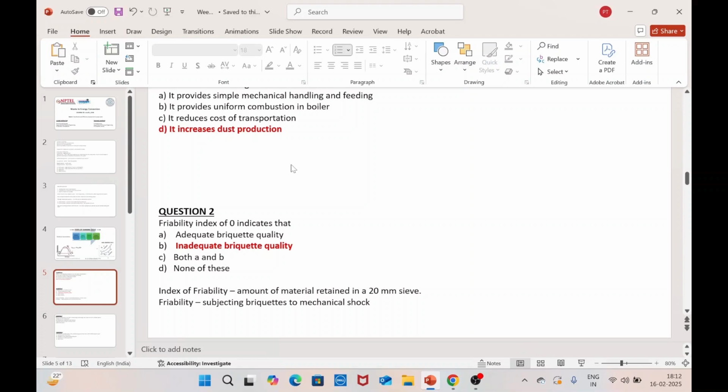If the mechanical strength is more, then everything should be retained, right? If you subject it to a mechanical shock as per the definition, then the briquette should not break. If the briquettes do not break, then whatever amount you put in the sieve will remain as such. So in that case, the briquette friability index will not be 0. It will be some other value.